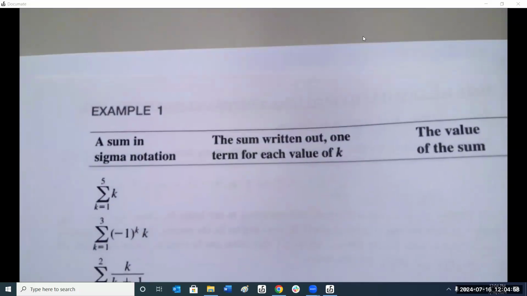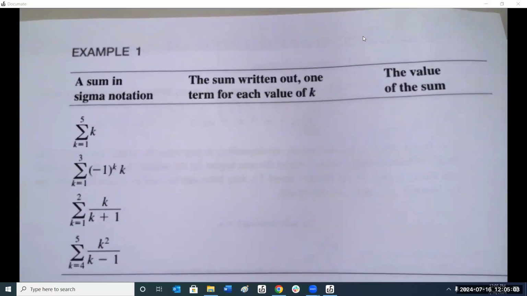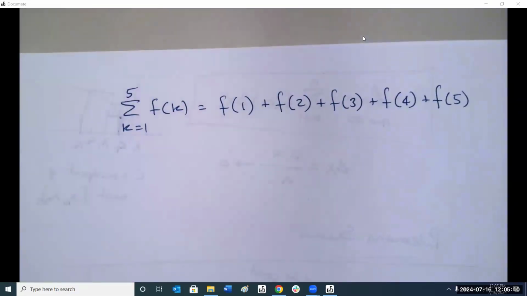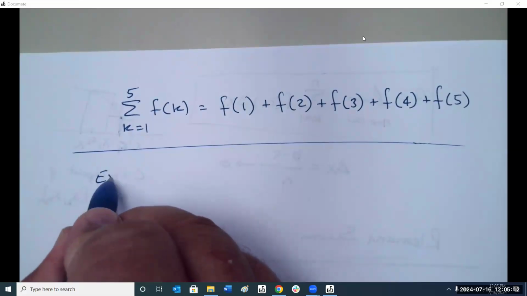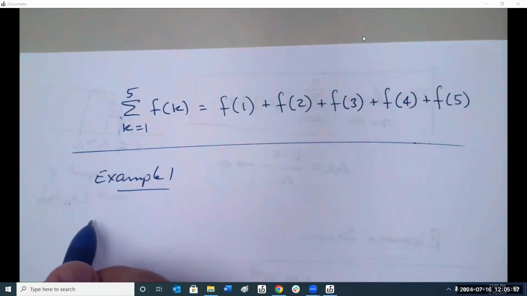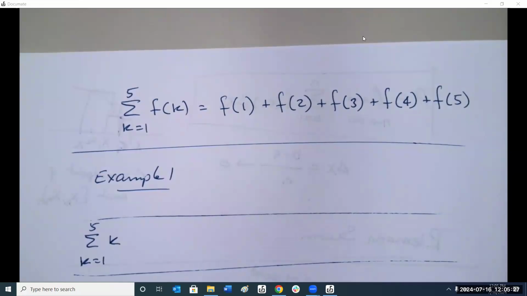Okay, here we have example 1 in your packet, note sheet. Example 1. Summation of k equals 1 to 5. Summation k equals 1 to 3.